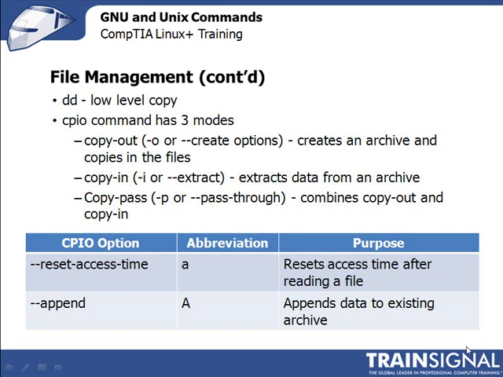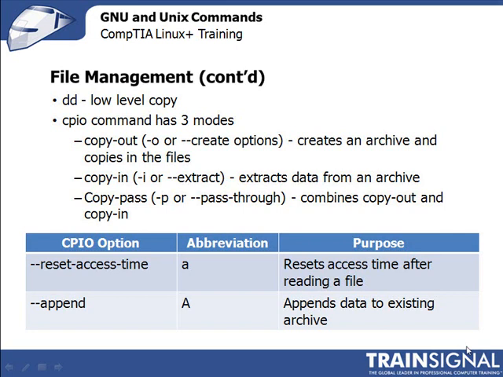Now the cpio command is actually very similar to tar, but operates in 3 modes. The first is copy out, which is used with the -o or --create options, and it creates an archive and copies in the files. Copy in is used with the -i or --extract options and extracts data from an archive.